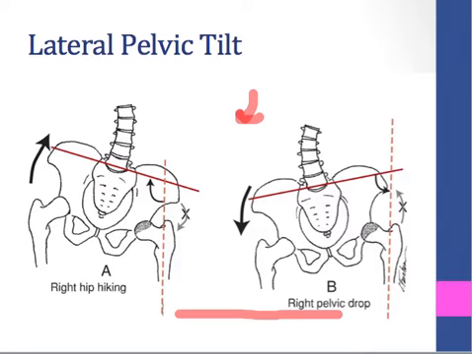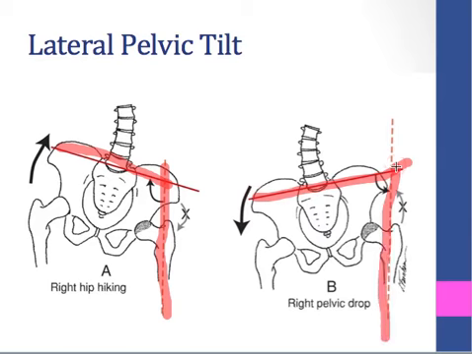So is that angle getting closer together or farther away? So if we look right through this area right here with our hip hiking, what are we seeing? We're seeing hip abduction, right? So if we see a pelvic drop, we're seeing hip adduction.